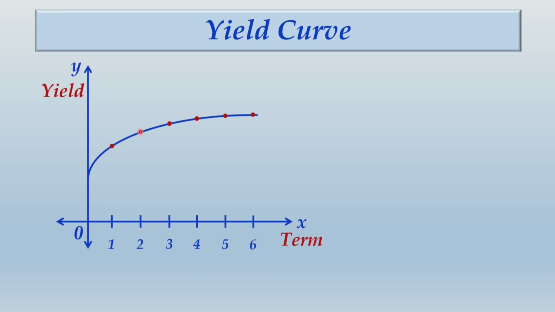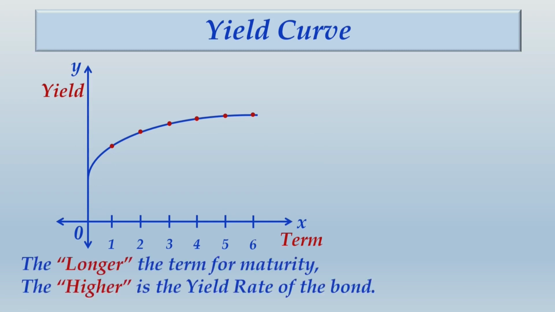But do you see the increment in the yield rate from year 1 to year 2 is substantial, but between year 5 and year 6 it is very low. Therefore, this cannot be a straight line moving upward, it will be a curve, and beyond a point you would see, if you keep on plotting this curve ahead, it will mostly become flattened, right? Anyway, so through this relationship, what do we conclude? The longer the term for maturity, the higher is the yield rate of the bond. Alright friends, you would have drawn this graph and you would have written that concluding line.